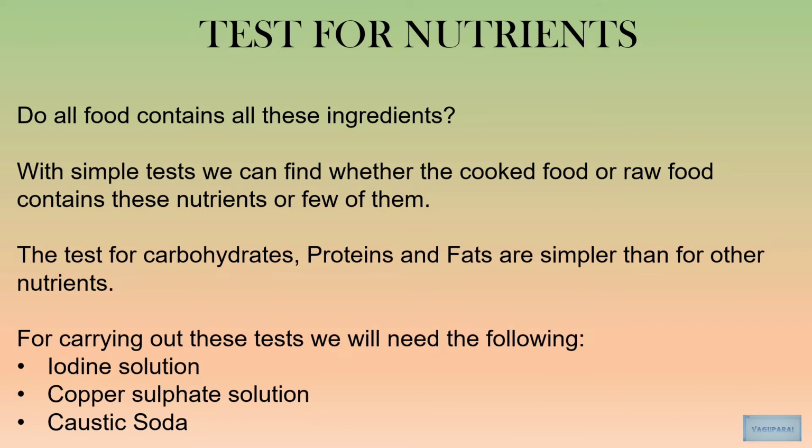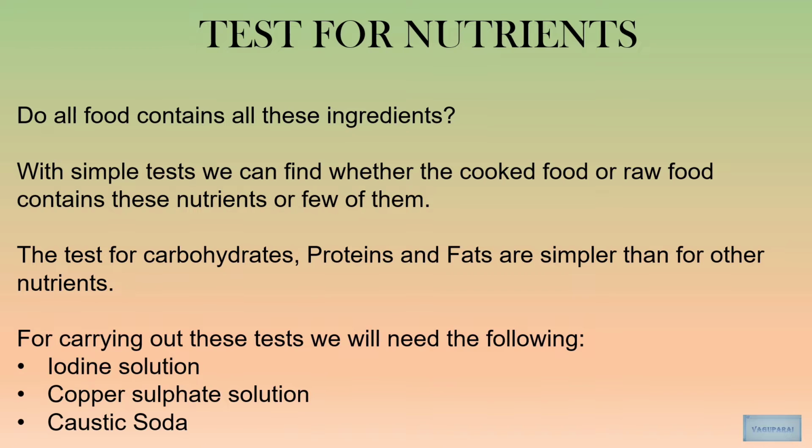We know what a nutrient is now, and we also know what ingredients are. Now we have to know if all the ingredients contain all the nutrients. Are the nutrients present in cooked food, or only in raw food? How are we going to test that?